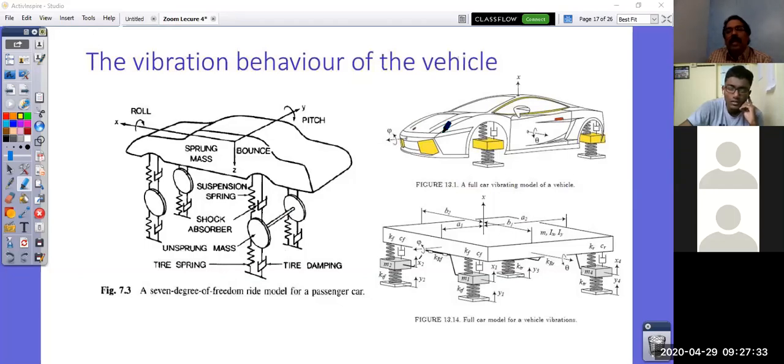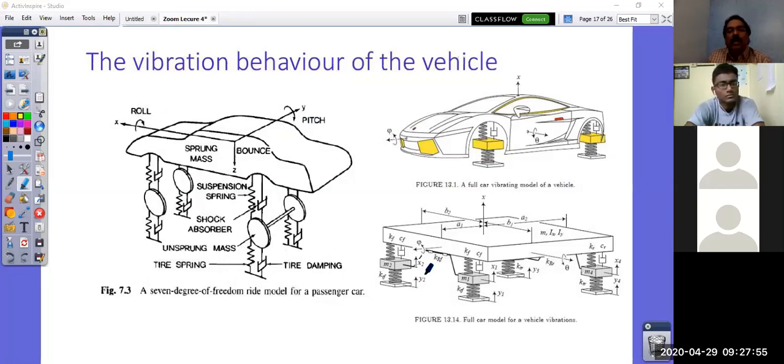So you see this models here 2 degrees of freedom, here 2 degrees of freedom, and the sprung mass as 3 degrees of freedom: vertical oscillatory motion, and angular oscillatory motion about y-axis and about x-axis defines pitch and roll. So this is the 7-degree-of-freedom model.